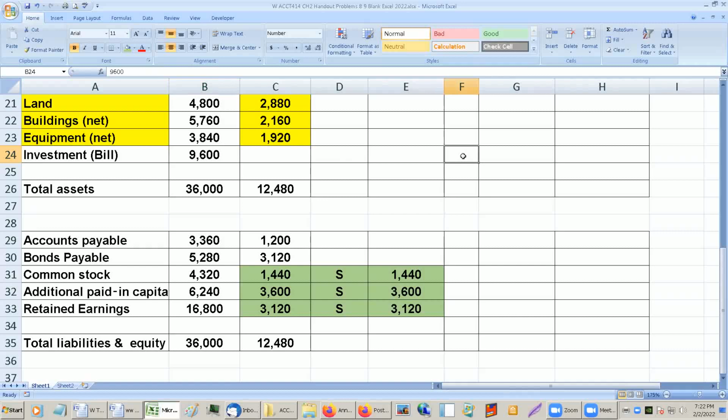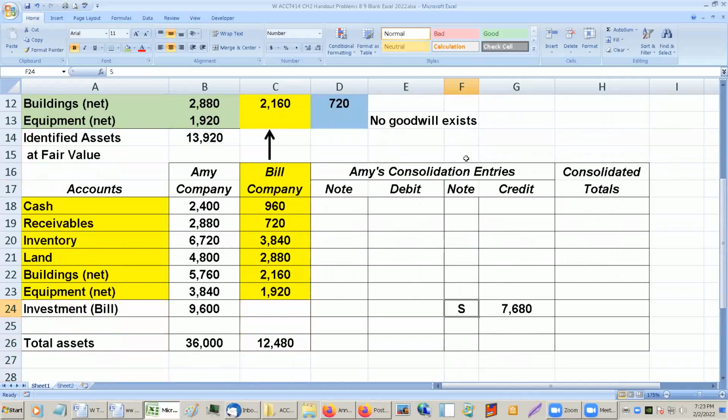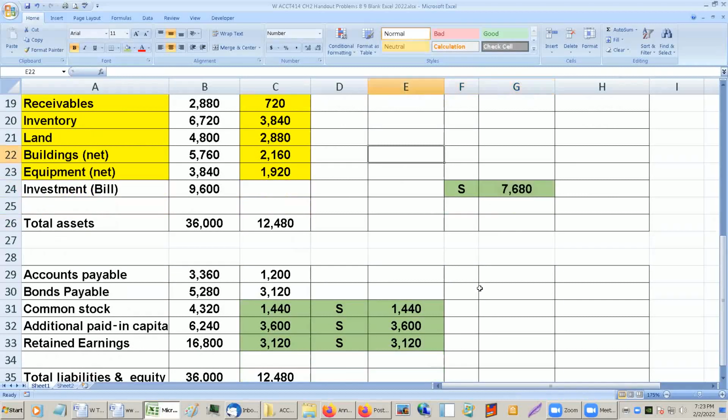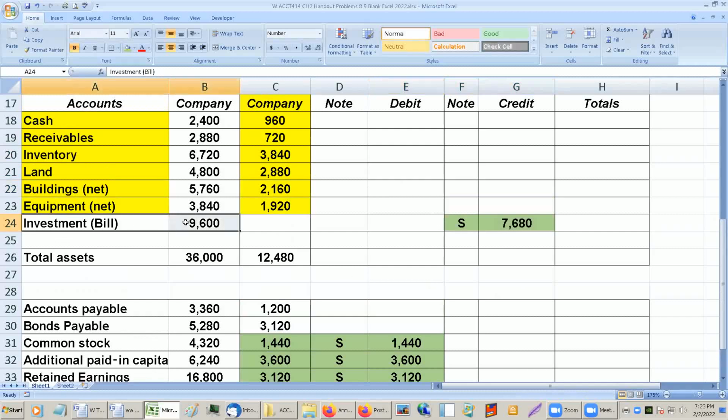So for the investment account, we have the taking out the stock, and I'm just going to add all those up. So we're going to try to make this investment account go away.